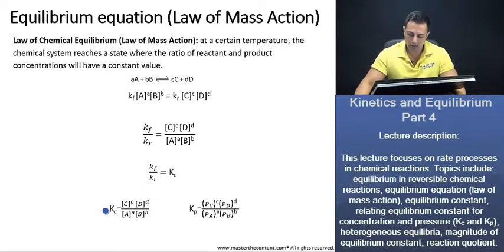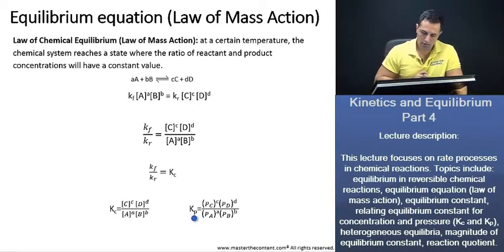To the left we have the equilibrium constant, and to the right, everything over here is called the equilibrium constant expression. When you're working with concentrations, we see a subscript C. When you're working with pressures, we see the subscript P. Okay, wonderful. Now let's move on to our next slide and we'll do an example.